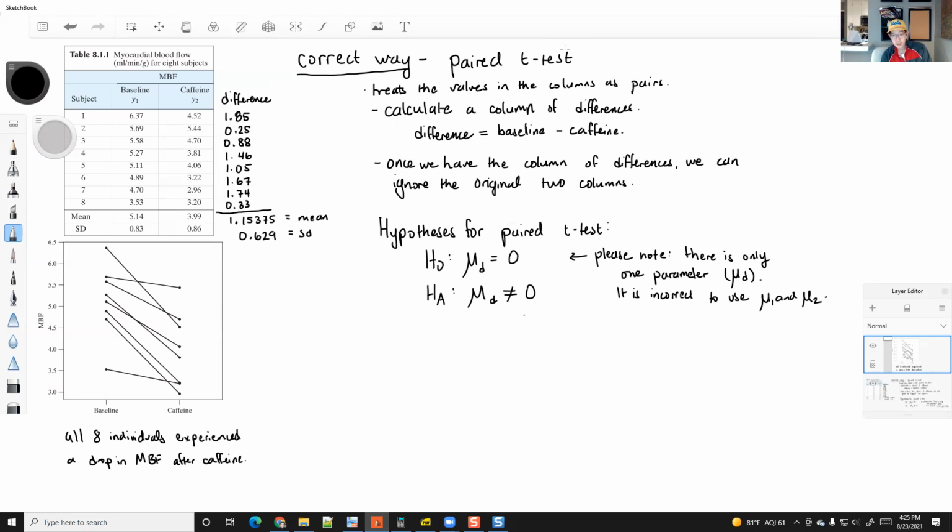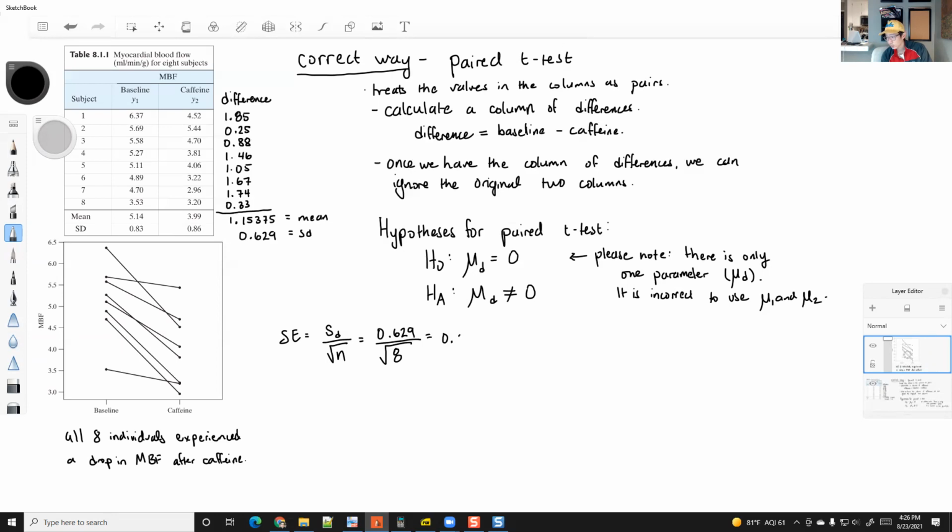All right. And so now that we have just one sample, our standard error is going to be the standard deviation of the difference divided by the square root of n. So in our case, we've got 0.629 divided by the square root of 8, okay?